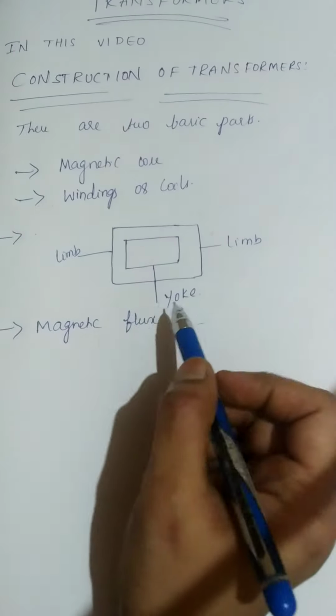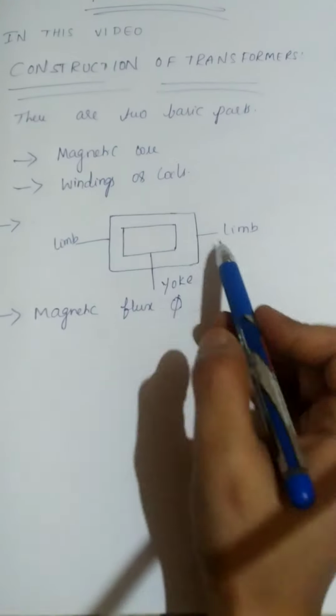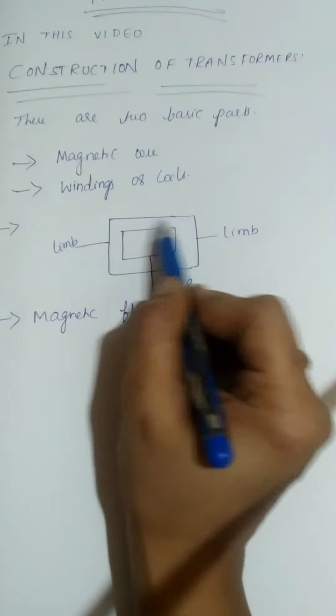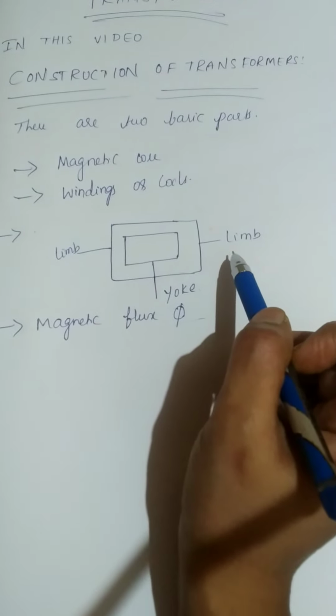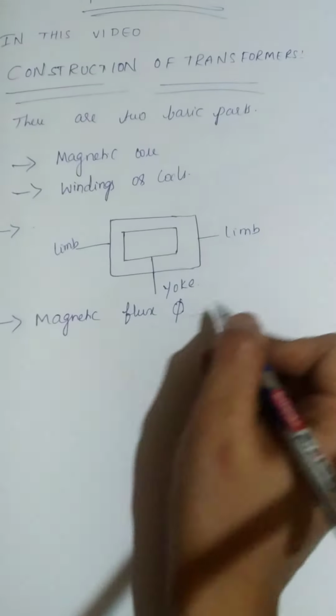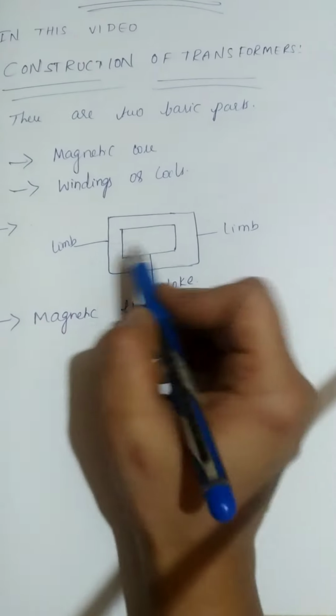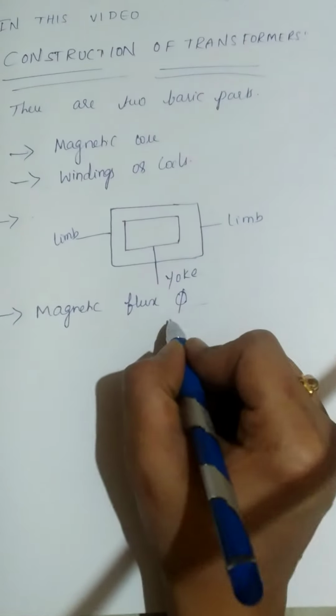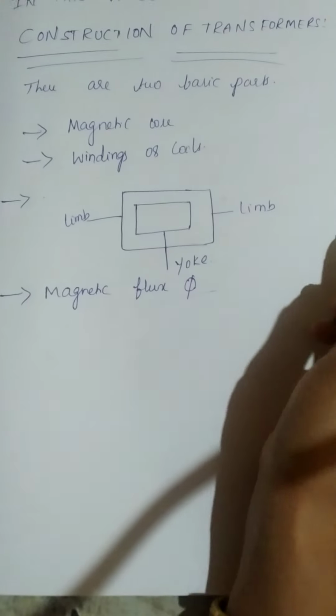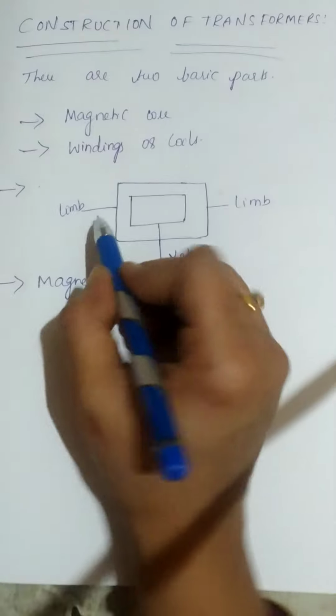So in this transformer, the core is like this. What is the job of this core? This core provides a path for magnetic flux. Okay, this is the core.